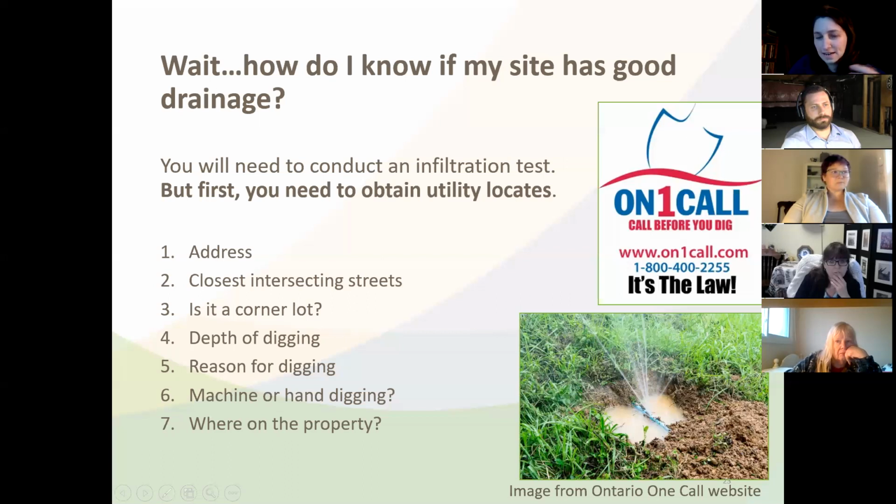But for reference, I actually just made a request for utility locates on Sunday for something I'm doing at my place, and I've gotten like 80% of them back by now already. So it's actually still moving quickly, but I might have to wait a few more days for the last couple. So do that first before you do an infiltration test to figure out whether your site has good drainage or not.